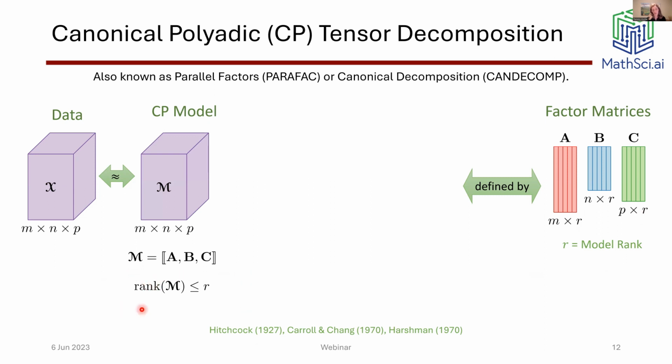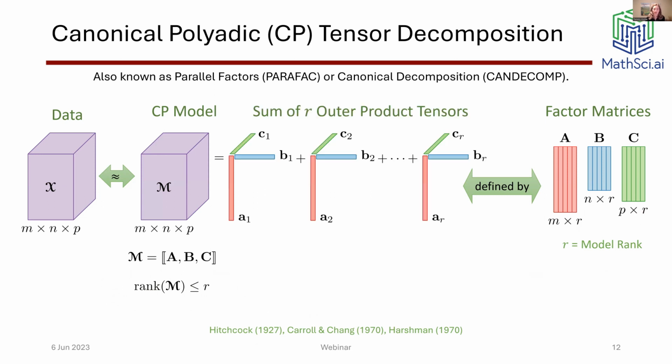And then because of the way we constructed it, it will also have rank less than or equal to R, even though I haven't told you what rank was. You just believe me on that. And then we're going to take outer products of matched columns again. So we're going to take the outer product of A1, B1, and C1. So we're doing outer product of 3 vectors, all the way up through R. And then we can write that in this outer product notation that we see here.